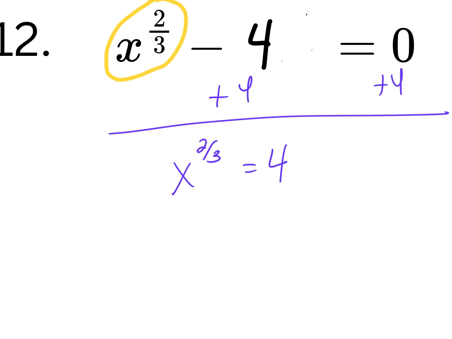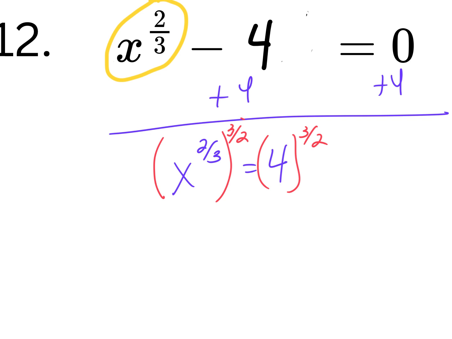I have x raised to a fractional exponent. How do I get rid of that? You raise to the what? Raise to the reciprocal. What is the reciprocal of 2/3? 3/2. What you do to one side, you're going to do where? To the other side. When I multiply these two together, what's 2/3 times 3/2? 1. Okay. So you have x equals.